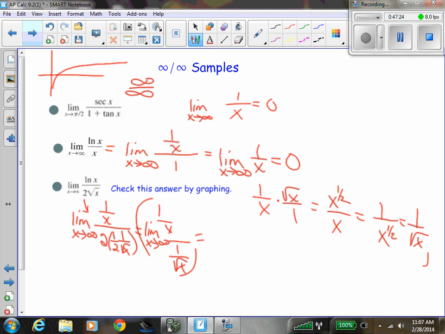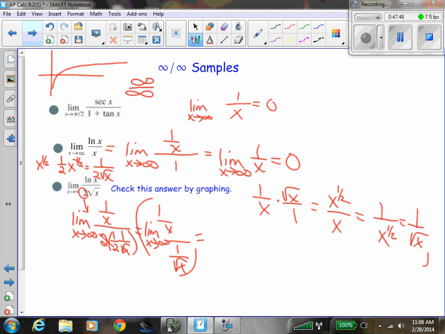All right, we get the 2 just because it's there. All right, and then if you do the square root of x, remember that's x to the 1/2, so it's 1/2 x to the negative 1/2 right there. So this is 1 over 2 square root of x, and I just wrote it separate like that.